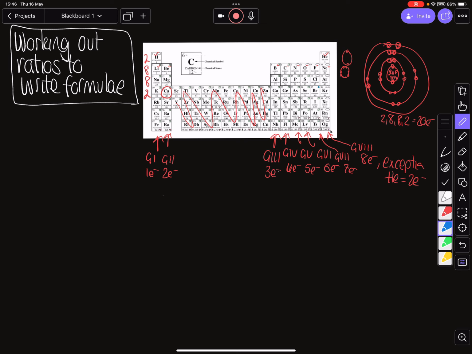We're looking over here where we're having to work out ratios to write formulas. So the ratios are the key thing you're going to be looking for in a question. And we have said that we have numbers that we put over our periodic table now. So we have 1, 2, 3, 4. And this 1 refers to group 1. This 2 is referring to group 2, 3, and 4.